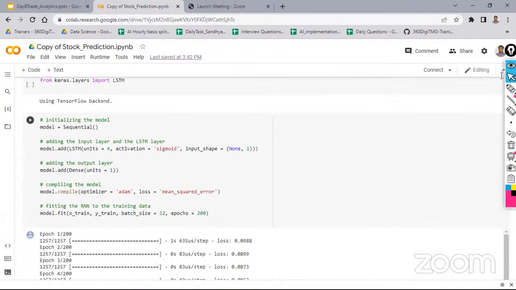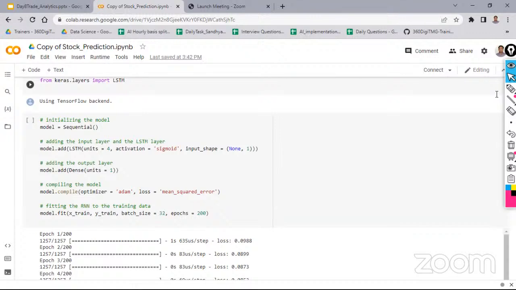Next, you have LSTM with 4 units, activation function sigmoid, and input shape None, 1. And you'll have an output layer with a Dense unit of 1, either to buy or not.